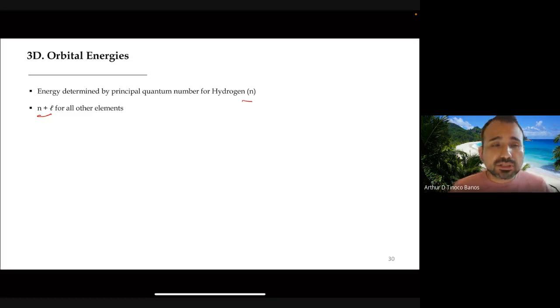There are some exceptions, and we'll talk about them as we continue on in the course. As we also know, energy is quantized. So even though we focus on wave mechanics, the energy of the different orbitals in terms of the principal quantum number is quantized. So we have n equals 1, n equals 2, n equals 3, and so forth.